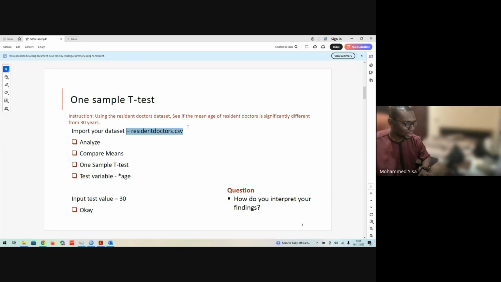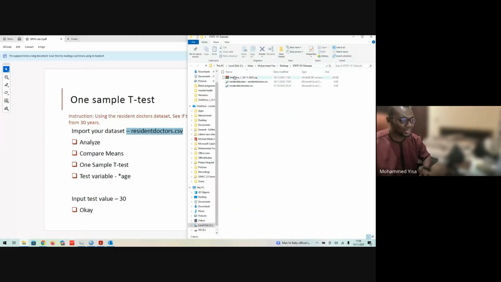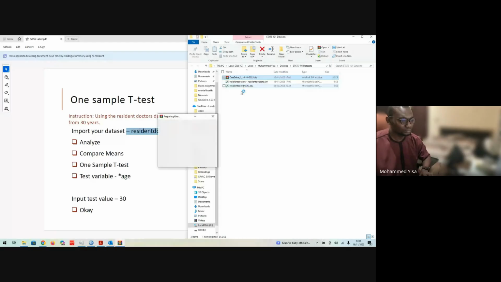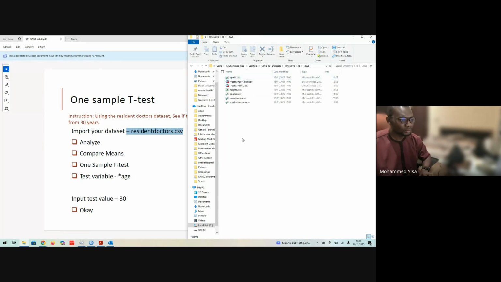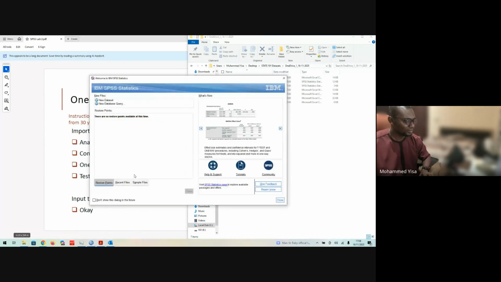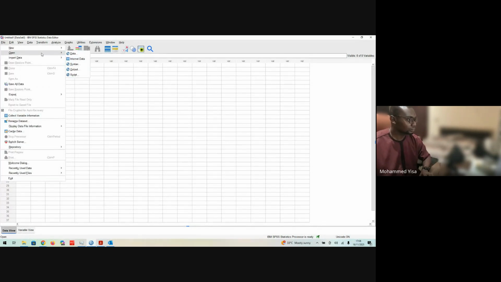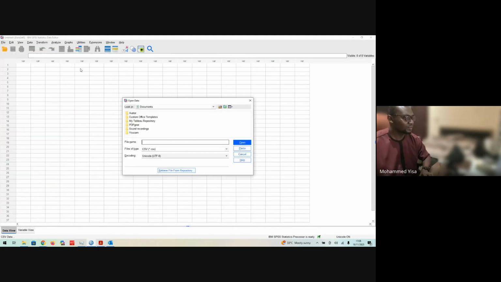So I'll just go ahead. We're using the resident doctors data set. I've just downloaded the data set, so I will extract. Okay, so I have SPSS open. To import data, my data is in CSV.